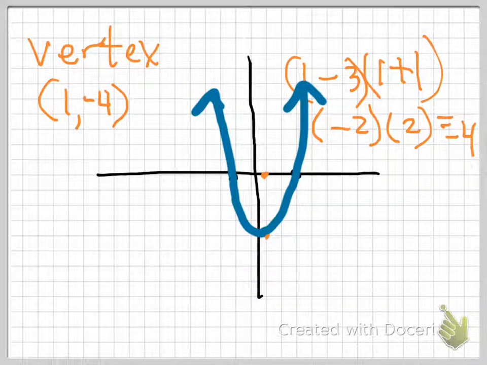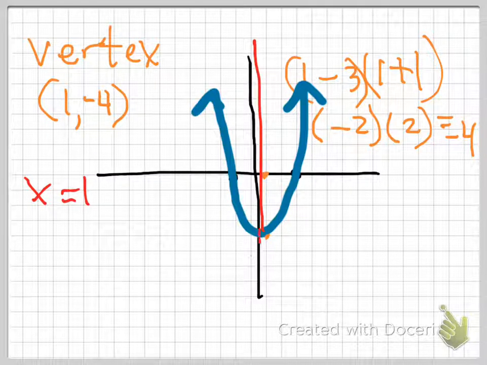And the new thing we're going to learn moving forward is the axis of symmetry. Well, the axis of symmetry is this line. It's the x of the vertex, so it would be the line x equals 1. And you could draw it.